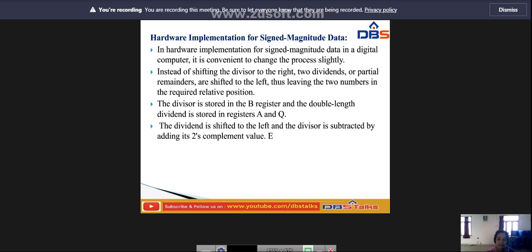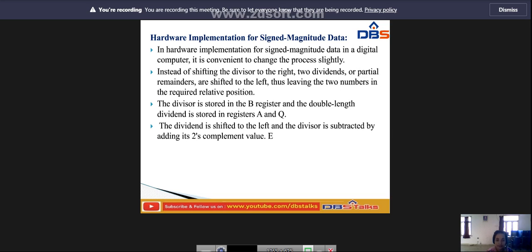The divisor is stored in the B register, and the double length dividend is stored in registers A and Q. The dividend is shifted to the left, and the divisor is subtracted by adding its two's complement value, E.